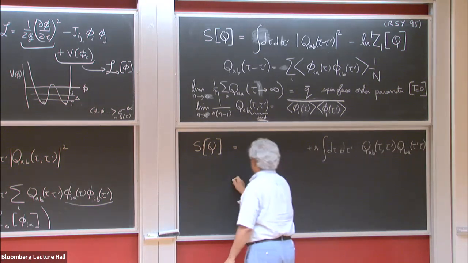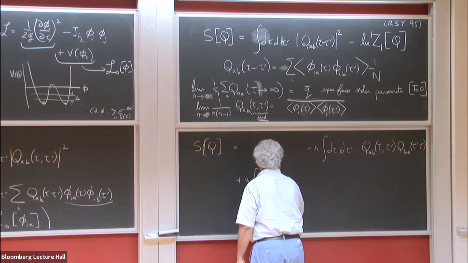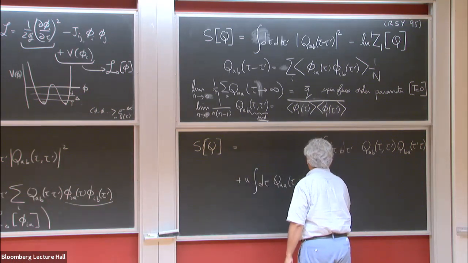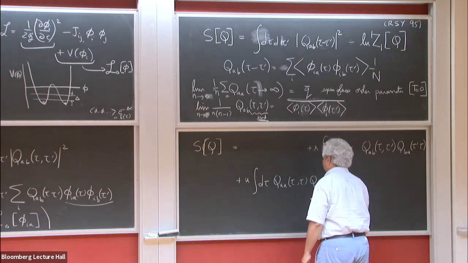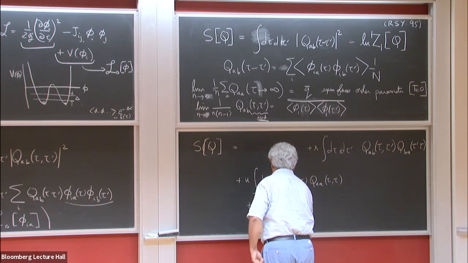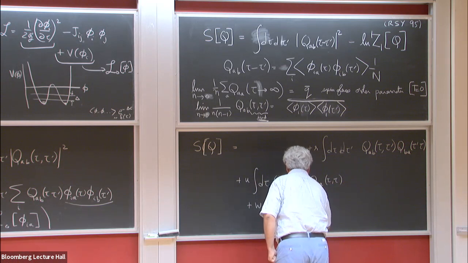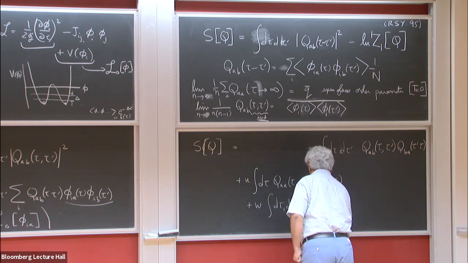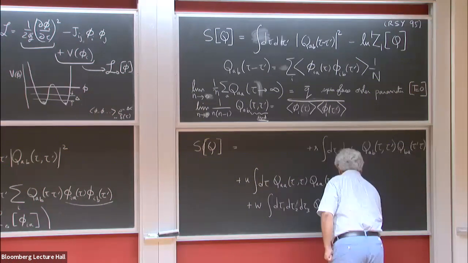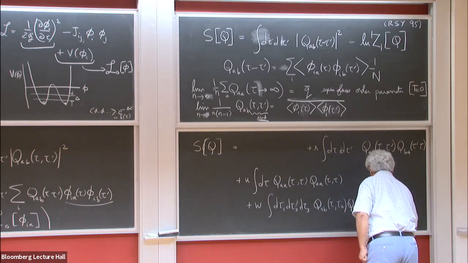Then you'll get a term like plus U d tau QAA of tau. QAA. And then another term, d tau prime, d tau 1, d tau 3, QAB tau 1, tau 2, QBC of tau 2, tau 3, QCA of tau 3, tau 1.